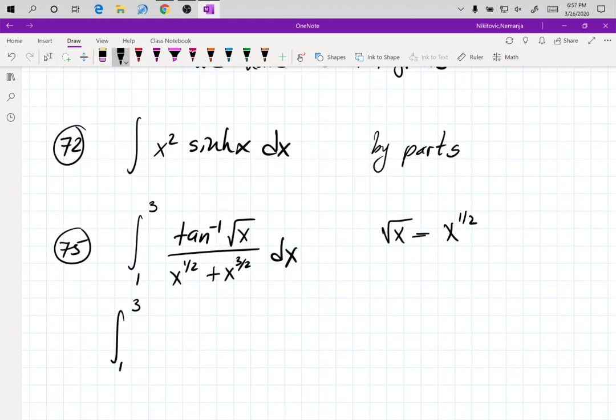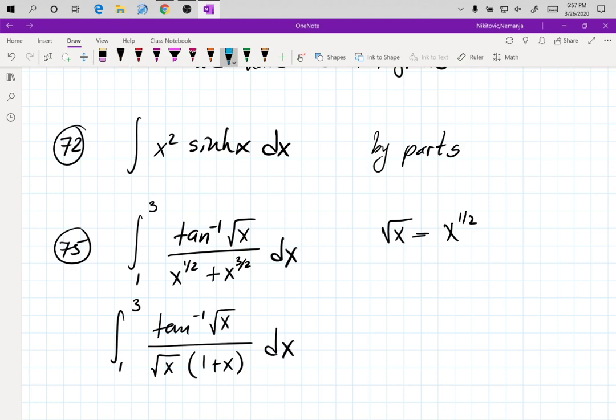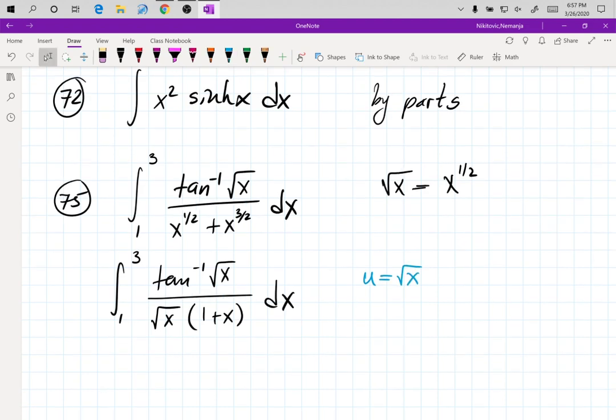So integral 1 to 3, tangent inverse of root x, and in the denominator you factor out root x, and you have 1 plus x, dx. You start with a u sub, where u is root x, to at least get the root x out. du is 1 over 2 root x dx.